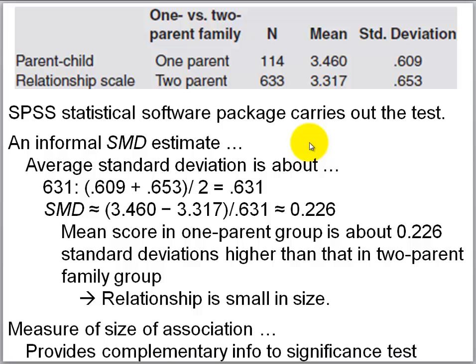But one thing I want to encourage you to do when you work with data and as you begin to do statistical significance tests is not only to look at statistical significance, but also to take a look at size of association. So in Chapter 9 we encountered a basic tool, the standardized mean difference, for measuring size of association.